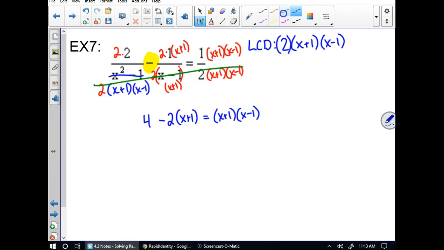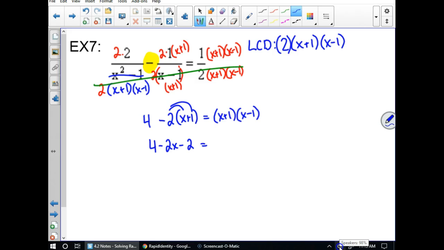And so right here, I'm going to distribute that negative 2. So 4 minus 2x minus 2. The biggest mistake is that kids distribute that 2, and so they get minus 2x plus 2, which would be wrong here. So make sure that negative goes with it.